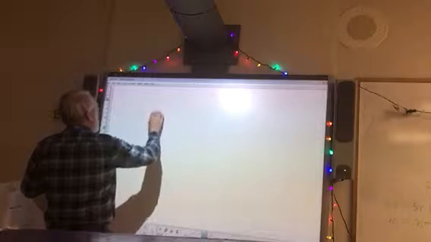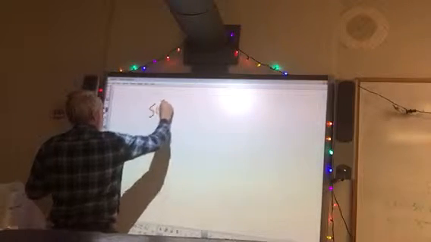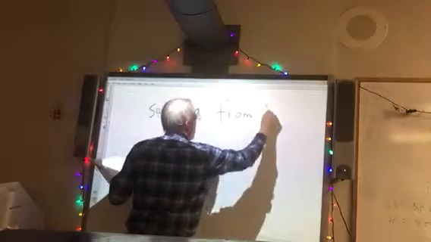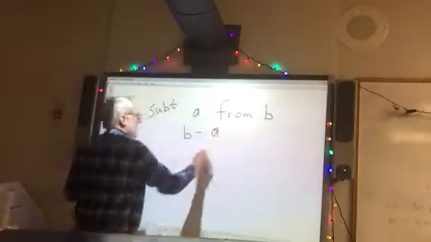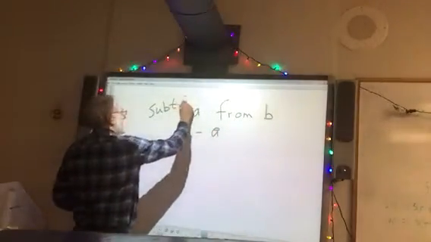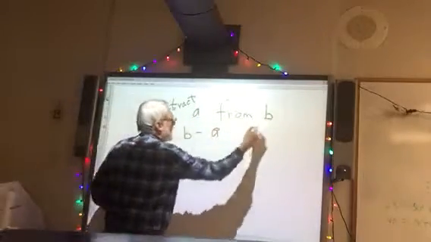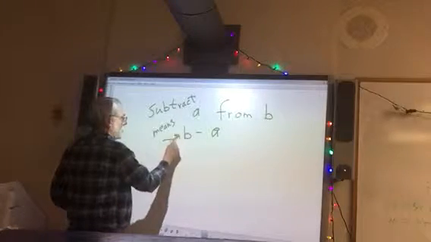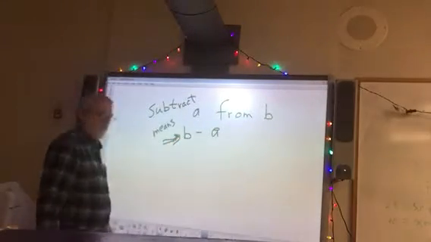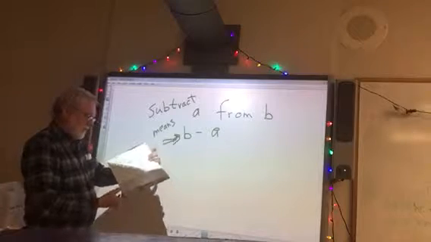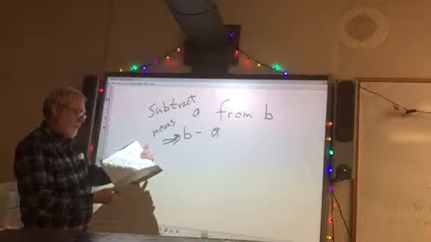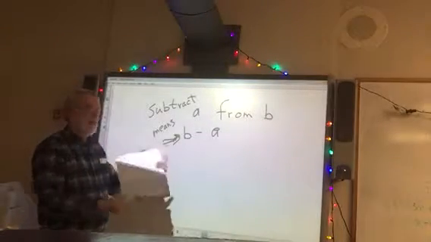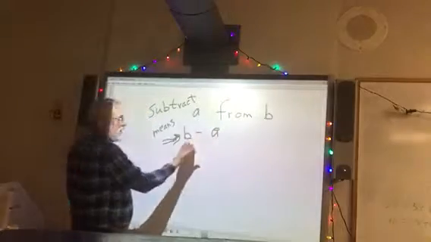It says to subtract A from B, which really means B minus A. So when it says subtract 4x squared minus 9x plus 1 from negative 3x squared plus 5x minus 2, example 9, it gets switched like this.